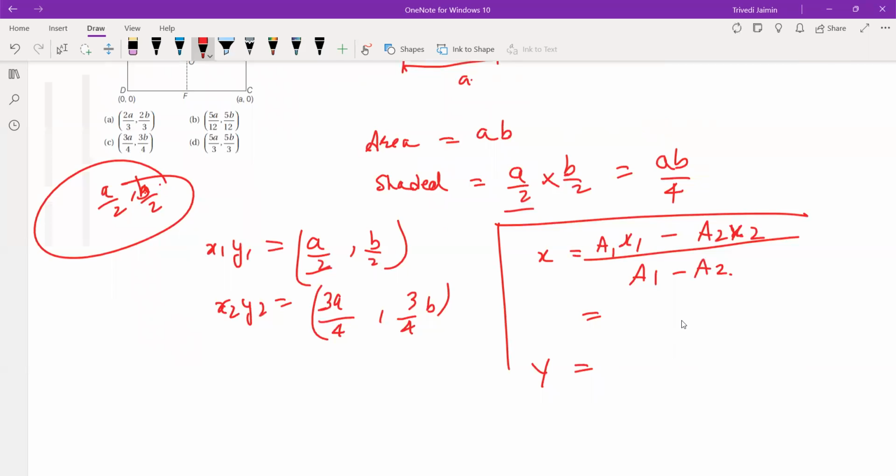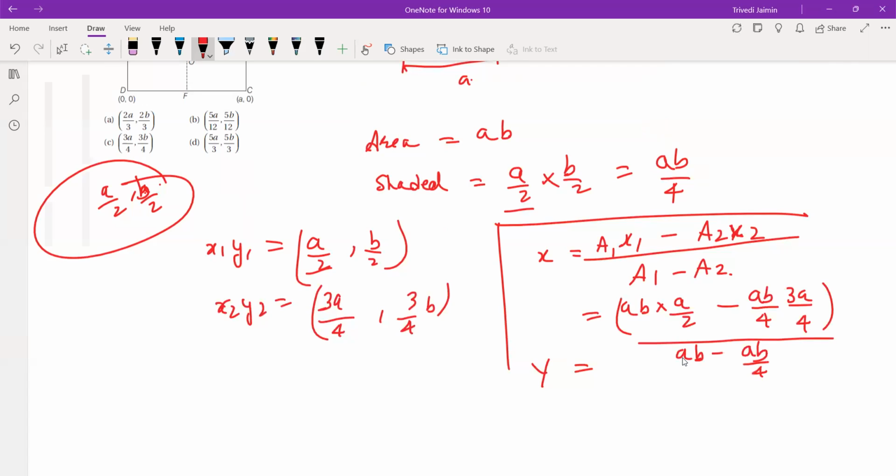So here, if I do directly, AB into A by 2 minus AB by 4 into 3A by 4, divided by AB minus AB by 4.